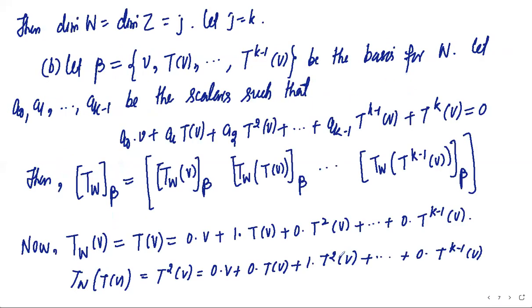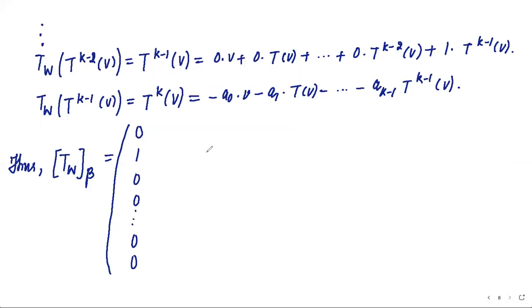And similarly, the second column is the coordinate vector of TW of T of v, that is 0 0 1 0 0 0 and so on.